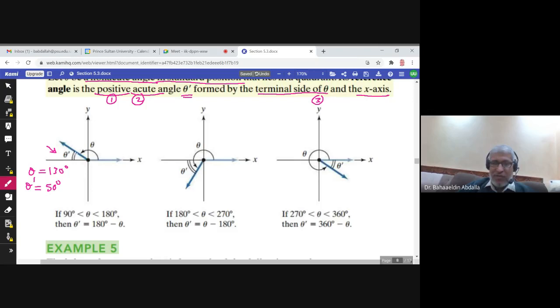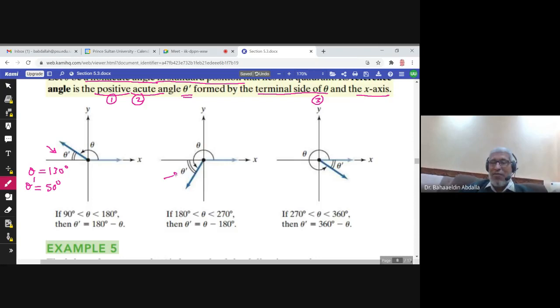So theta prime is 50 and theta is 130. Let us check angles in the third quadrant. I need an angle, positive, acute, between the terminal side and the x-axis. This angle would be the reference angle of theta, called theta prime.